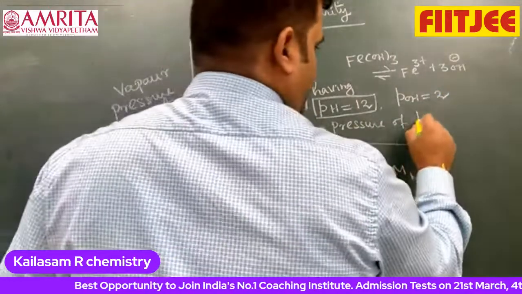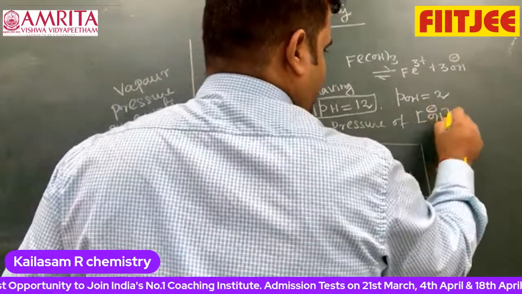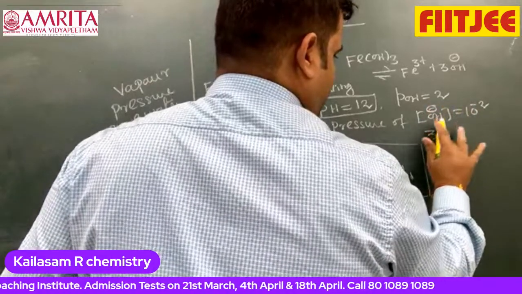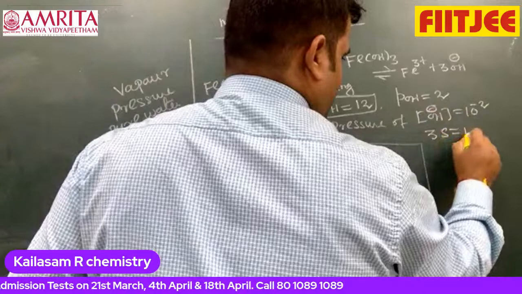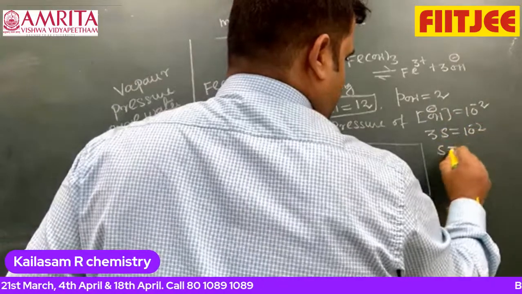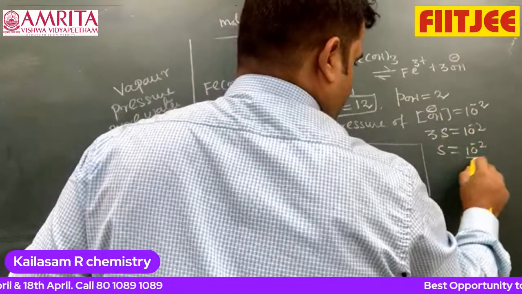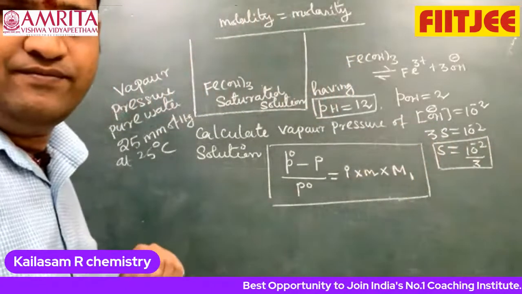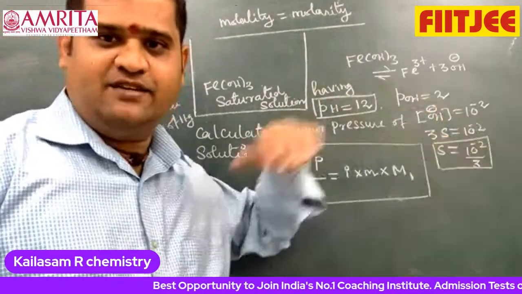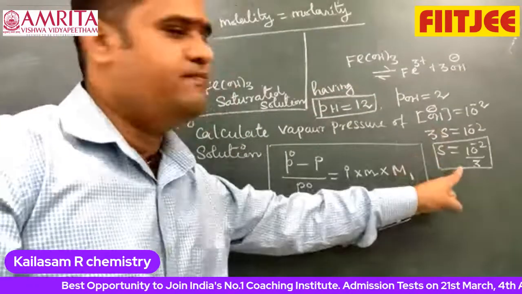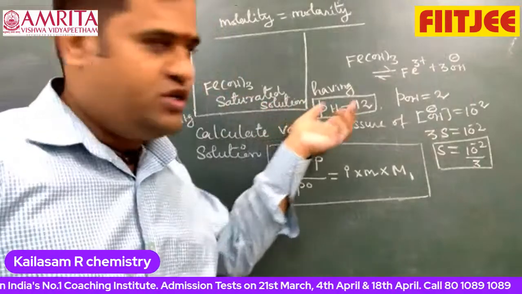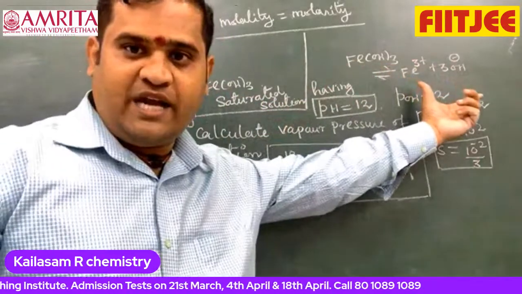Then the OH minus concentration is 10 power minus 2. Therefore 3s is equal to 10 power minus 2, so s is 10 power minus 2 by 3. This is the molality, or you can say molarity is equal to molality. This is m. Now, when it is a saturated solution, we are assuming that it must be 100% ionized.